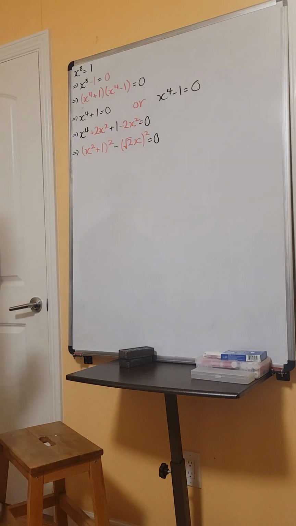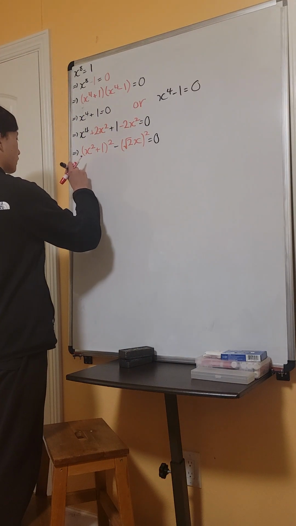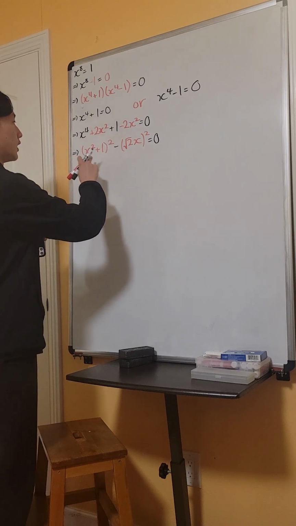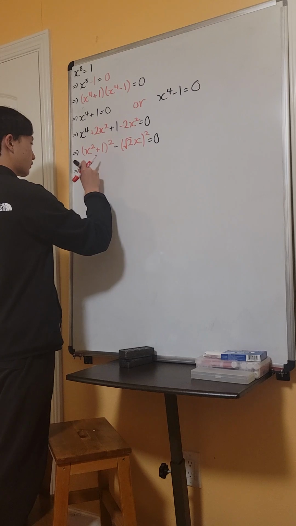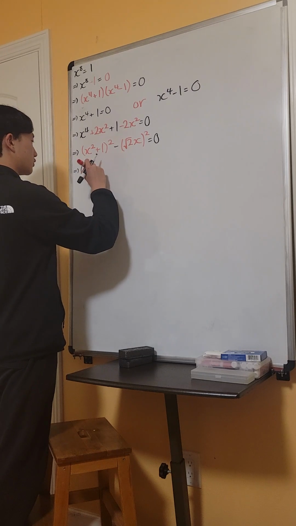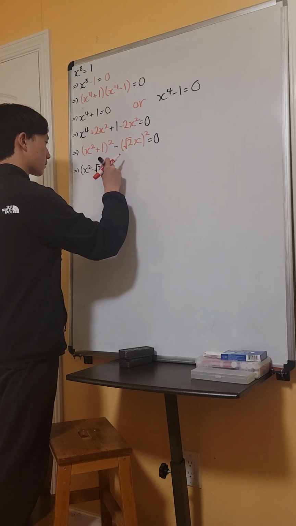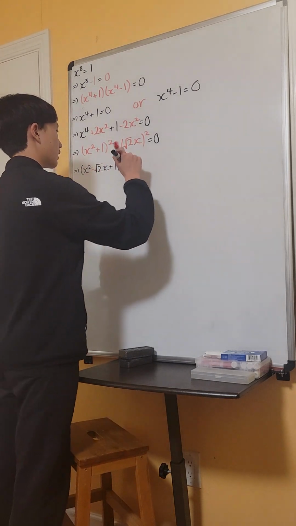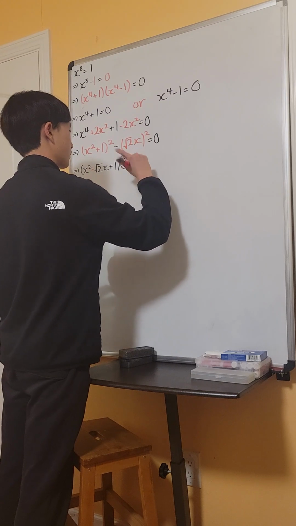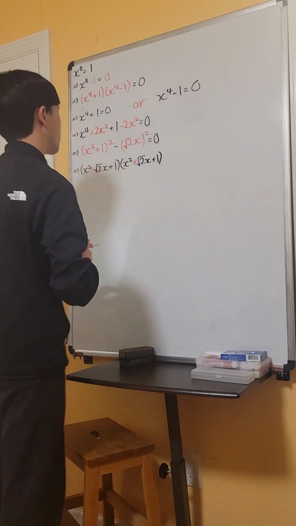So this is now a difference of squares. We can rewrite this as 2 quadratics multiplied together. First, you want to subtract this. So do x squared minus root 2 x plus 1. And then for the second one, you want to add it. So x squared plus root 2 x plus 1, yeah?